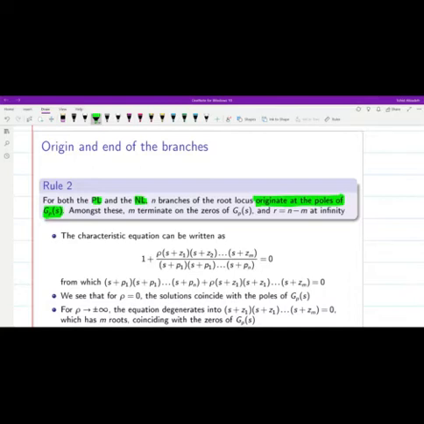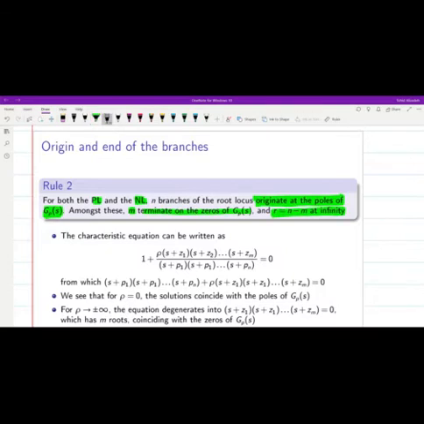So the branches will originate at the poles of GP. M of them will terminate on the zeros of GP, and the remaining ones will go towards infinity. We will see later how these branches go towards infinity.